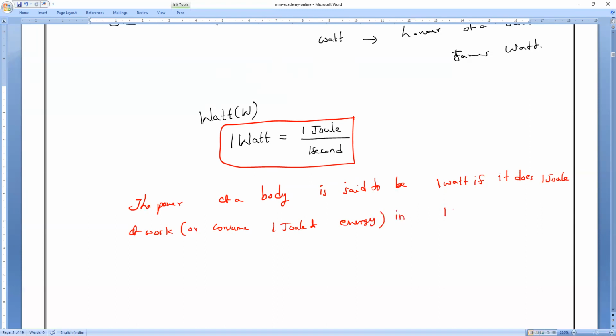In how many seconds, everybody? In 1 second. That is what we call 1 watt.